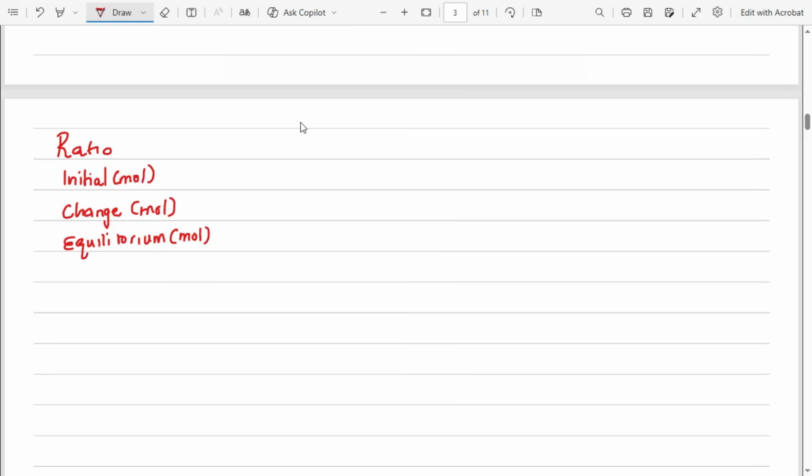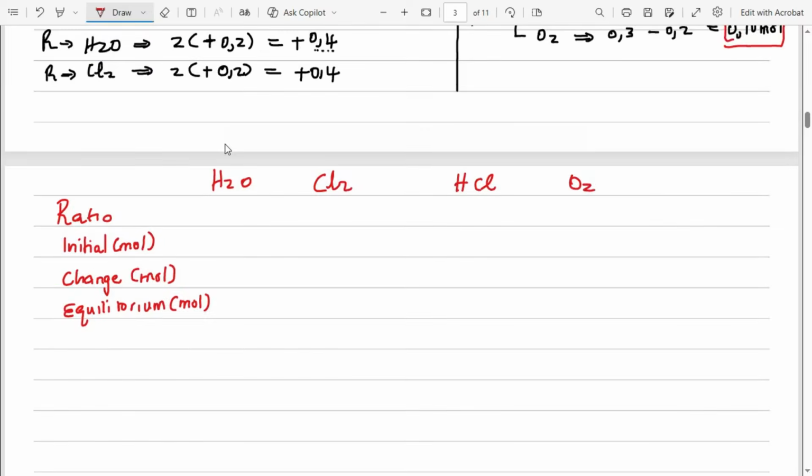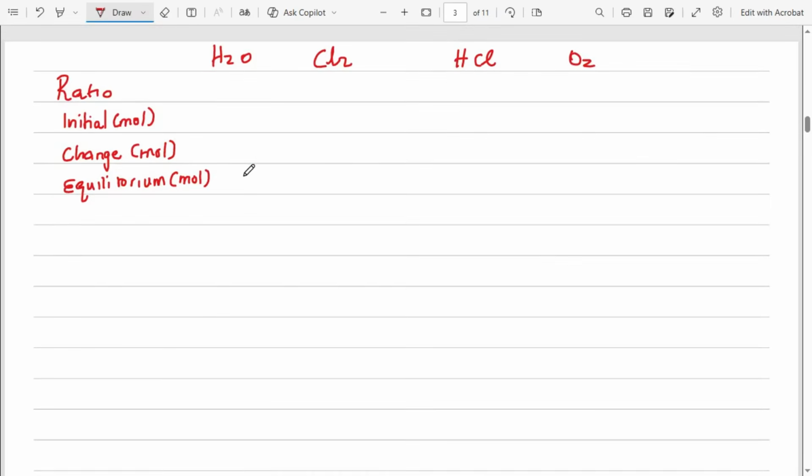So now we have H2O and Cl2 as our reactants, and then we have HCl and the O2 as our products.